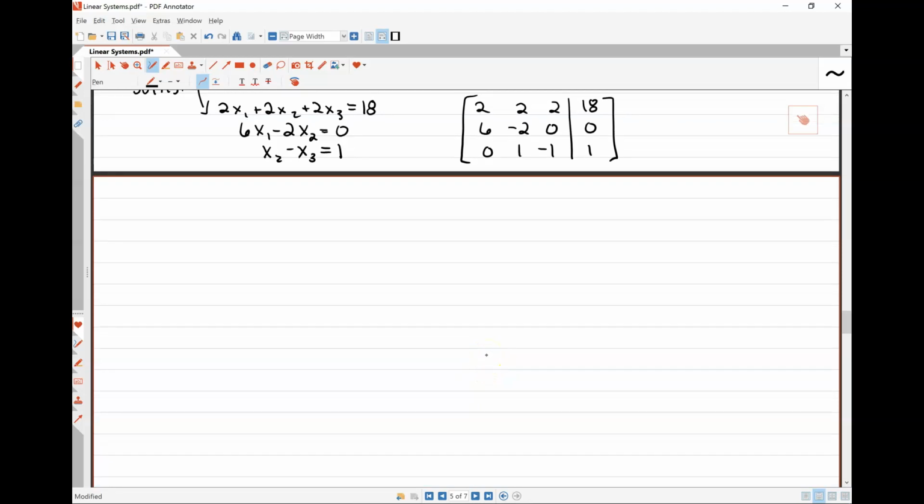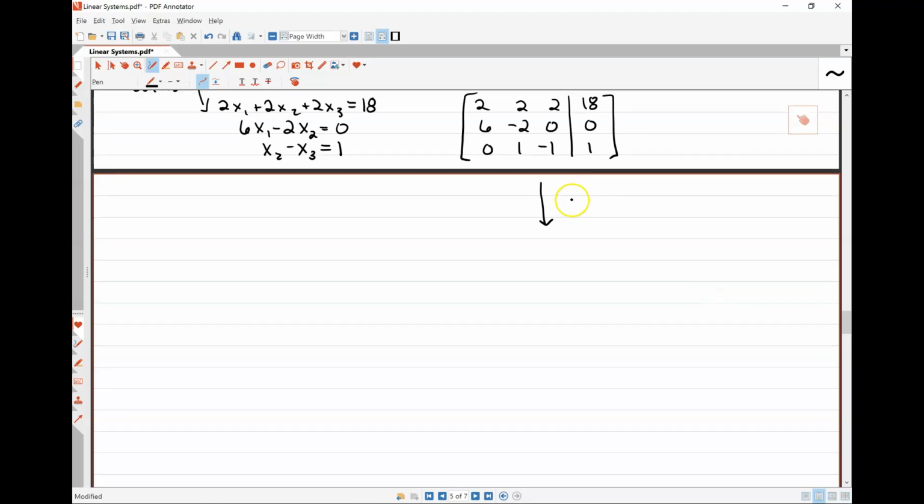This is the last type of elementary row operation, and what it says is that you can add any non-zero multiple of one row to another. So, for example, let's take 2 times row 3 and add it to row 1, and we'll put the result into row 1.